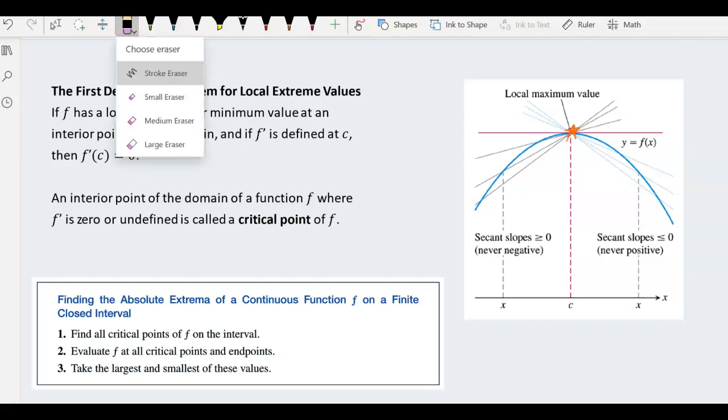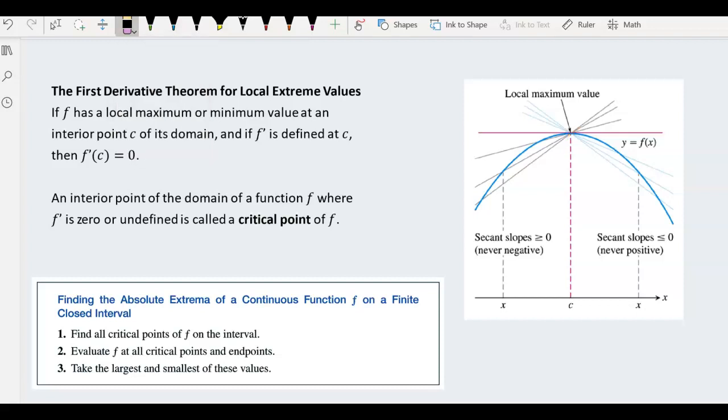Now, what this picture is showing you, and it's kind of leading to the proof that we'll do, is that if I look at secant lines, here's a secant line, picking some point on the graph, connecting it with the point we're calling a local max, versus the next secant line here, and so on. Everything to the left of this point has secant lines with slopes that are positive.